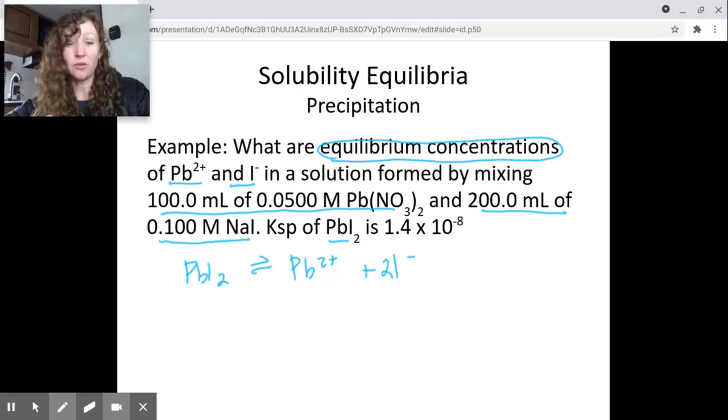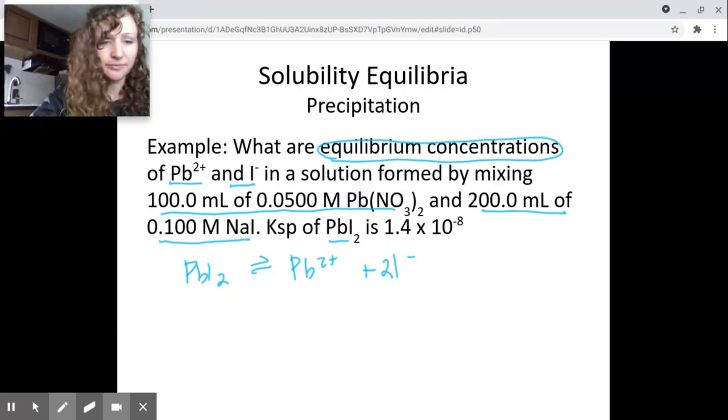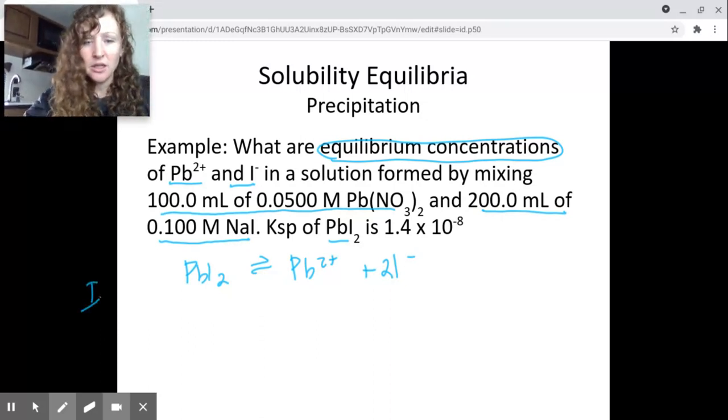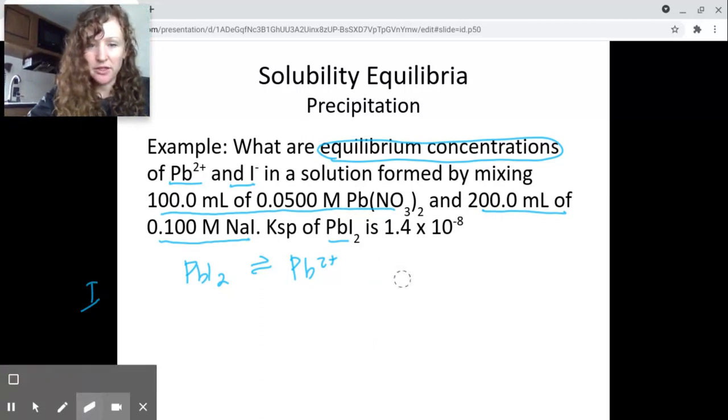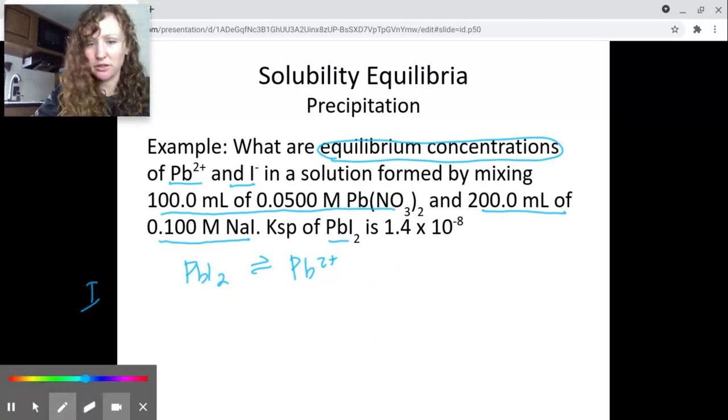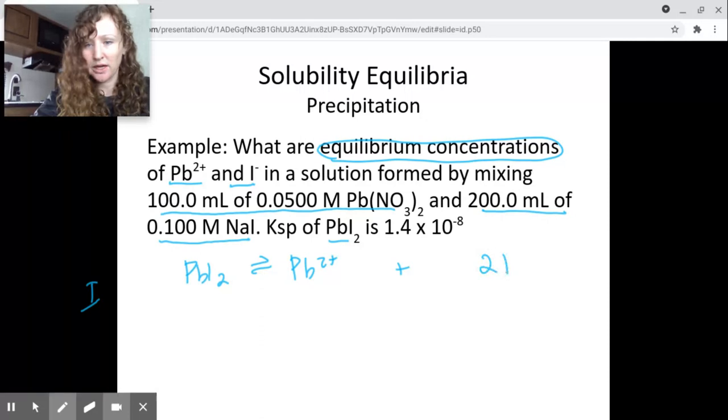Okay, so again, we want to know equilibrium concentrations of these things. Let's figure out what we have initially. I should probably space those out because we're going to have to do another calculation. Plus 2I minus. Okay, so I have 0.1 liter, 0.05 molar PbNO3.